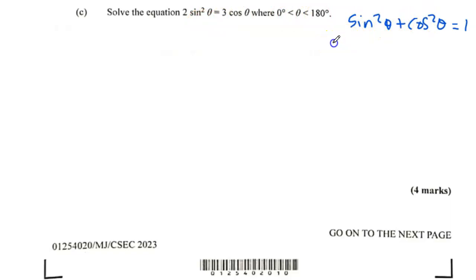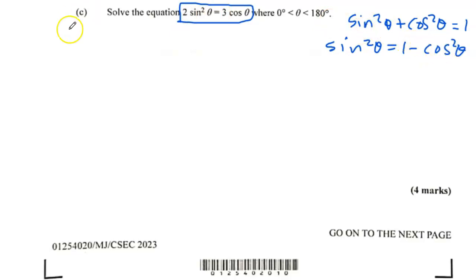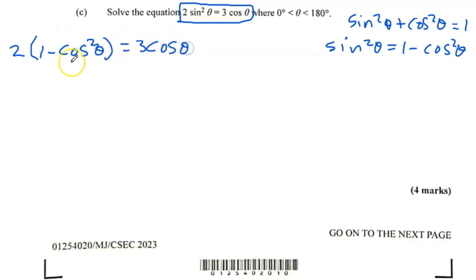Sine squared would be 1 minus cos squared theta. So we can substitute that in, rewriting this sine squared as 1 minus cos squared. So 2 sine squared becomes 2 times 1 minus cos squared theta equal to 3 cos theta.